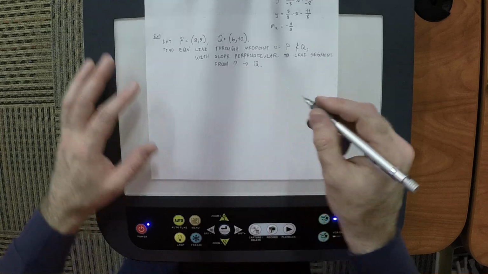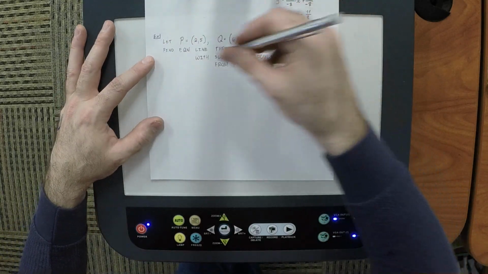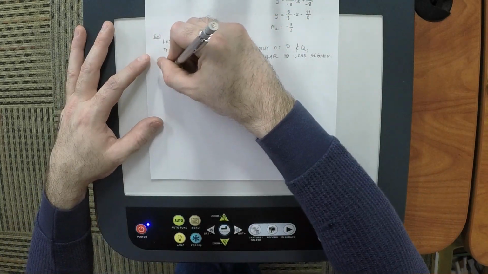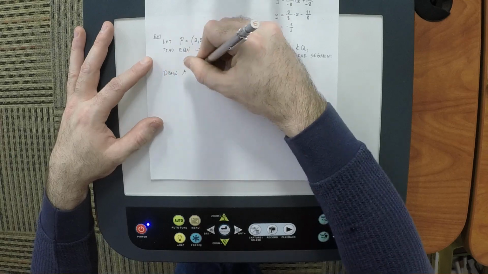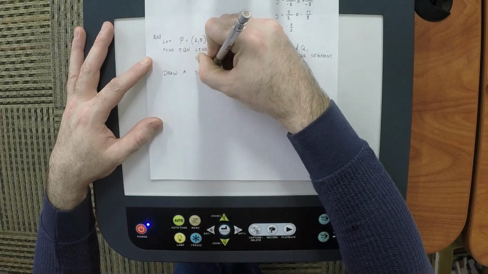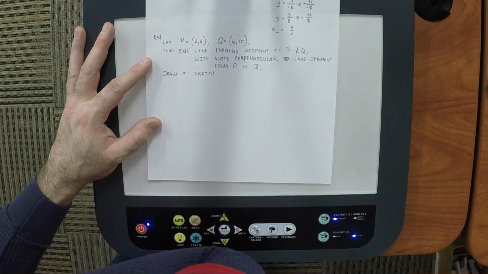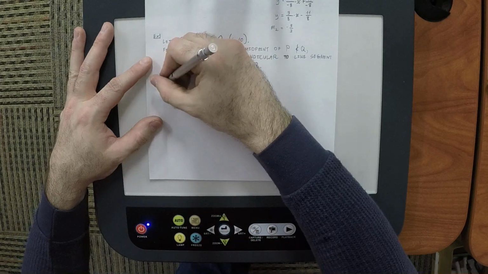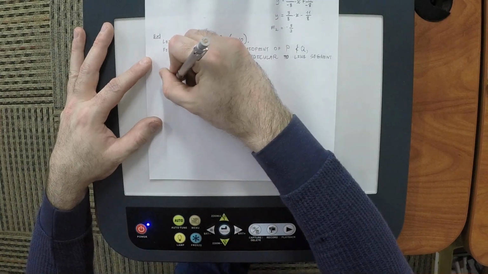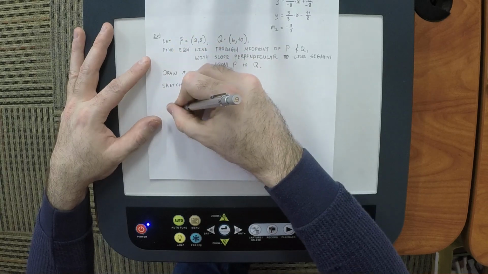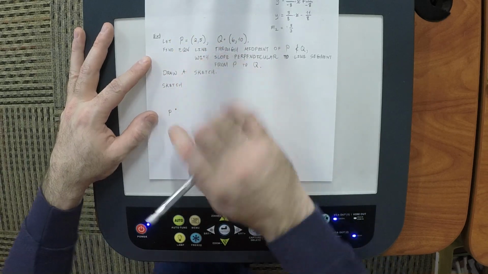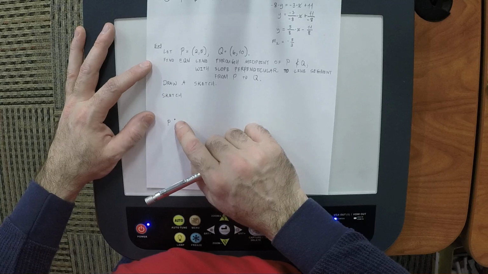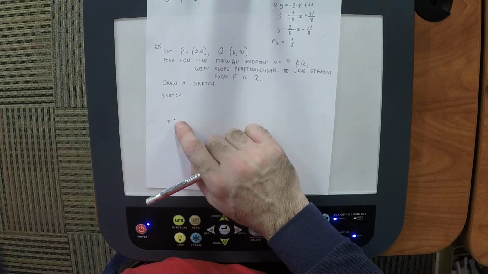Fine. So concerning this exercise, I want you to draw a sketch. So suppose that this is point P here. Then where is Q relative to P?